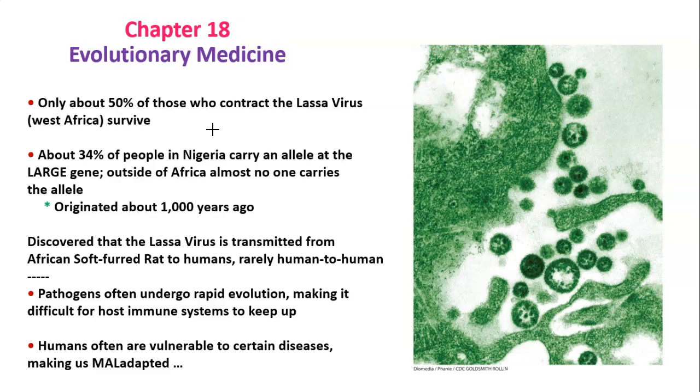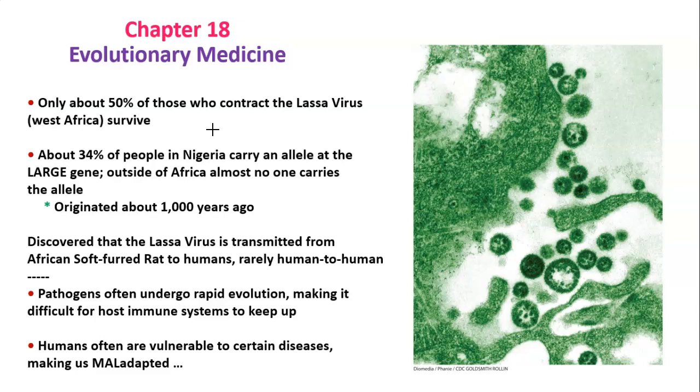Very often we return to these introductory stories later on in the chapter. But as an overall general message going into the chapter, pathogens, as I mentioned at the beginning of the slide, often undergo rapid evolution. And that makes it, of course, particularly difficult for host immune systems to keep up.